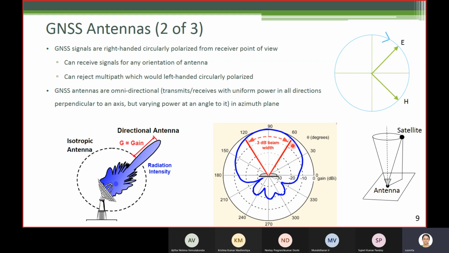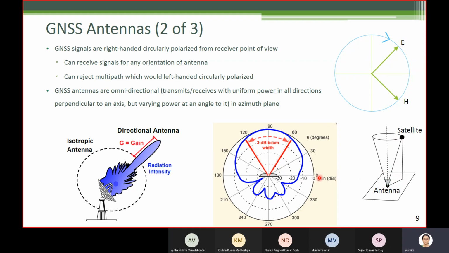How the gain varies is shown here. This is the gain pattern. So imagine that vertical plane. On that vertical plane, if you change the satellite position, the elevation angle changes. Here, this is where the antenna is, and these radial lines are elevation angles. So when the satellite is here, for example, elevation is 0. So this point is mapped here.